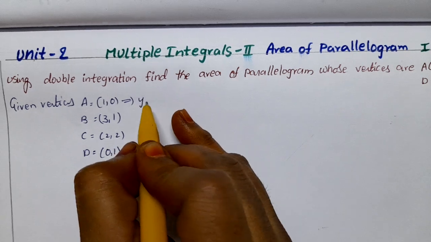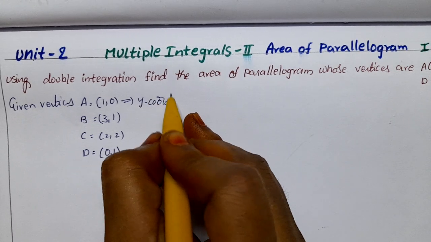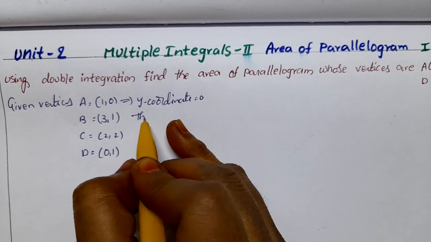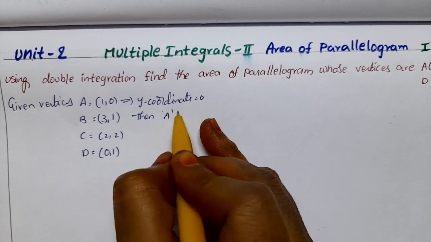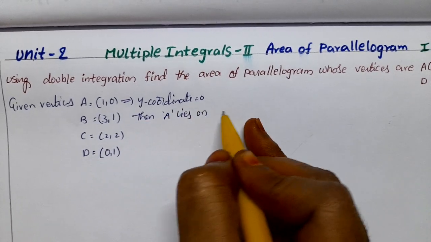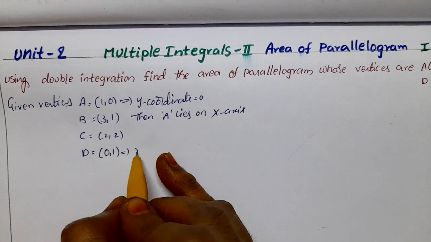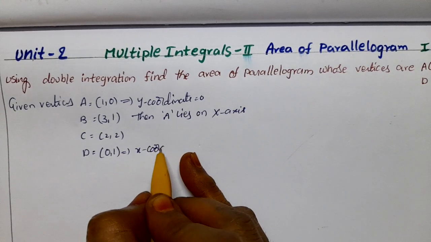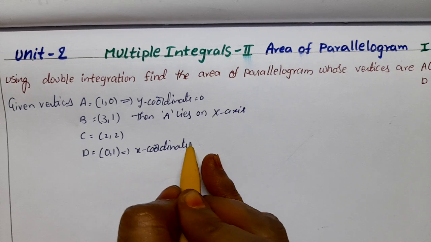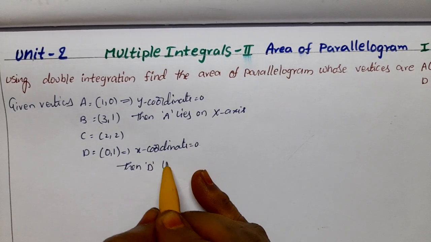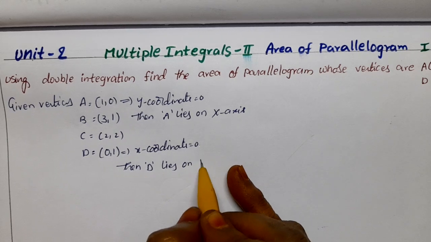Here the y coordinate is 0, then A lies on the x-axis. Here the x coordinate is 0, then D lies on the y-axis.